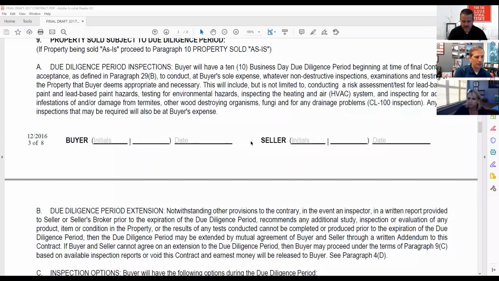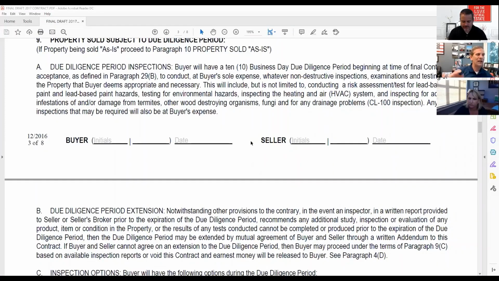So if I sign a contract here at 10 a.m. today, my period does not start until tomorrow, because we don't count today under our business day definition. We'd start tomorrow on the 13th, and we count 10 business days. It does not include weekends or holidays, and can't begin or end on a Saturday, Sunday, or holiday. So 10 business days in reality is typically 13 to 15 days.